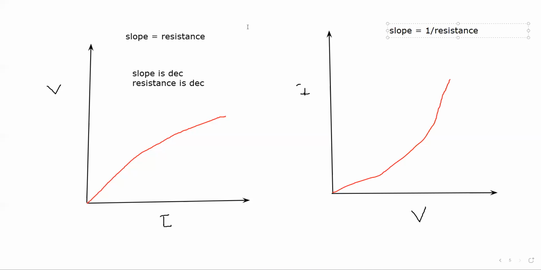So what happened here? The slope is increasing. So if the slope is increasing, what happened to resistance? So resistance is decreasing.